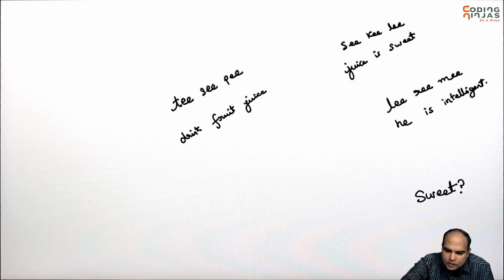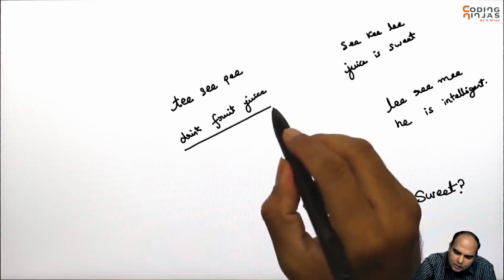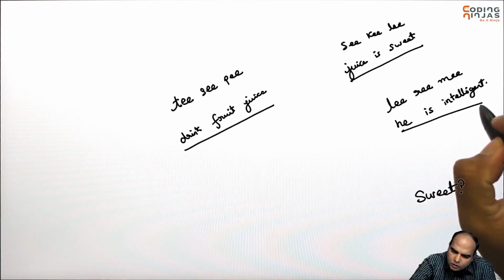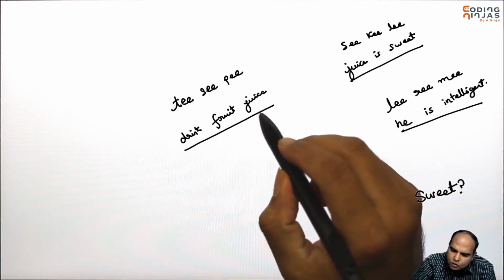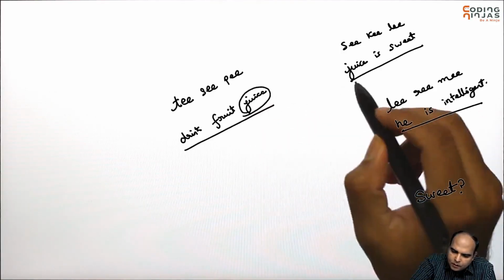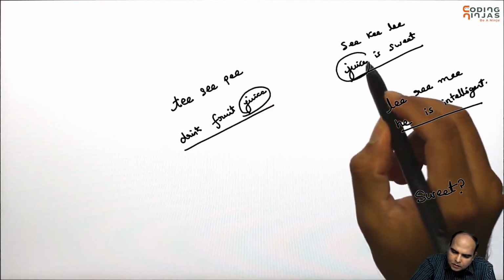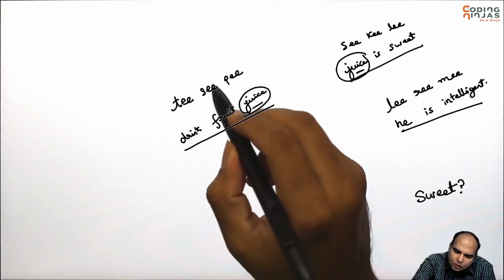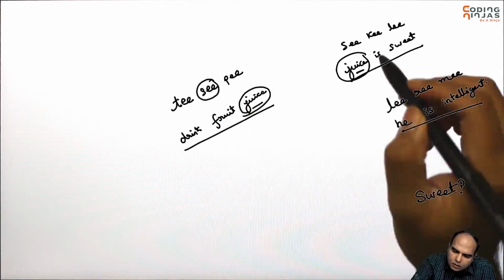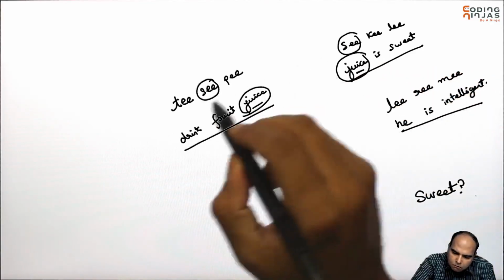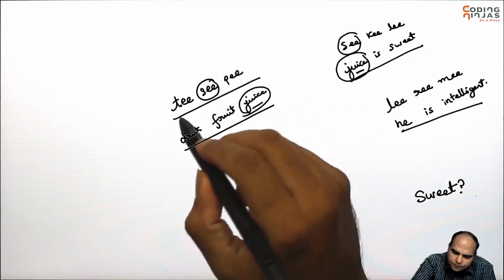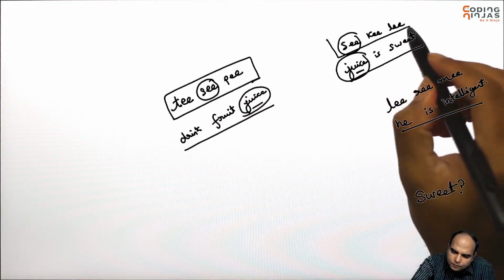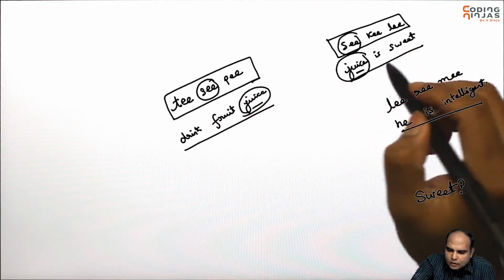So what you have to do essentially is, between the phrases that you see in English, you can see some words common between the first phrase and the second phrase. For example, juice is common between the two phrases, and if you look at the coded words between the first code and the second code, C is common.